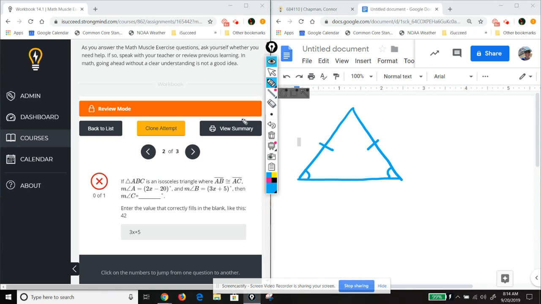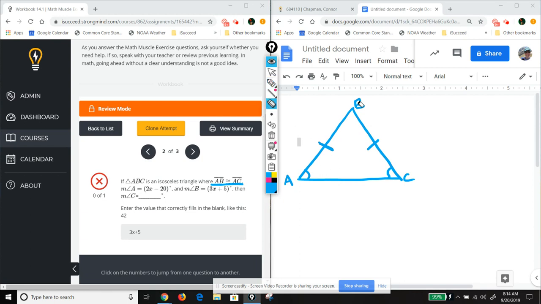So that is my definition of an isosceles triangle. I'm going to use that definition to work off that I know that AB is the same as AC. So remember, when in doubt, draw it out, because that's going to give us a lot of information. In my drawing, I cannot just label it as A, B, C. I need AB to be the same as AC, which is not how I drew my triangle.